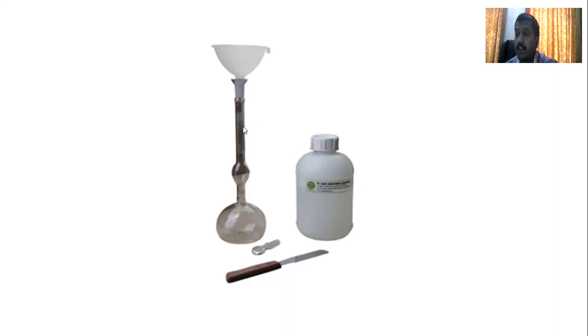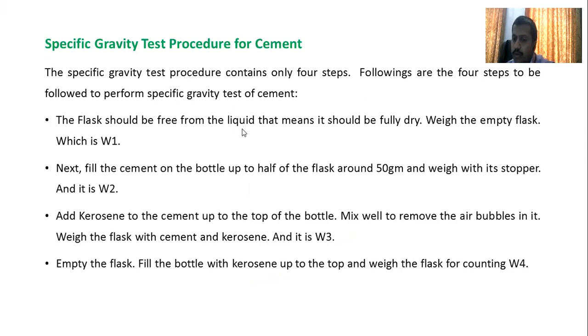Third, the weight of specific gravity bottle plus cement plus the kerosene. And the fourth weight is nothing but the weight of specific gravity bottle with only kerosene. So only 4 weights you have to take: W1, W2, W3, W4, as you can see on the screen.